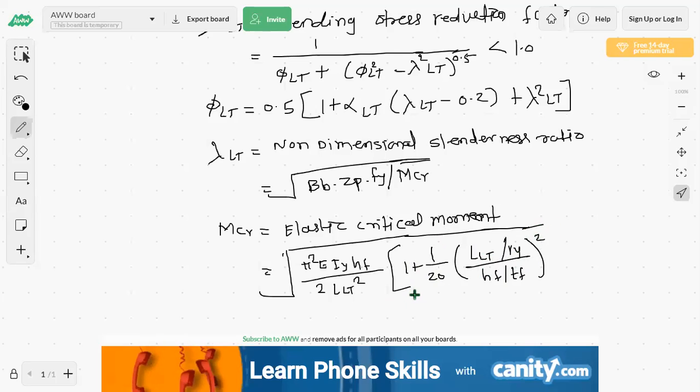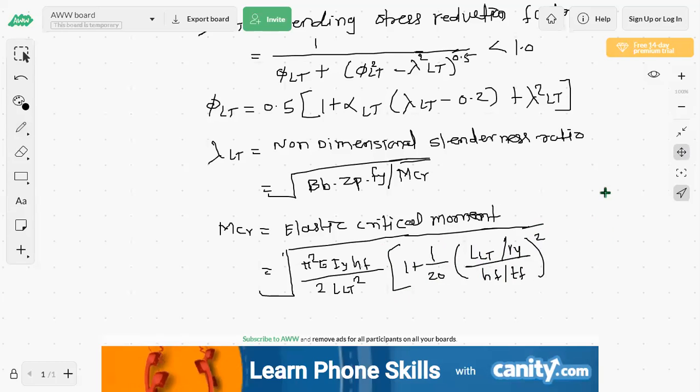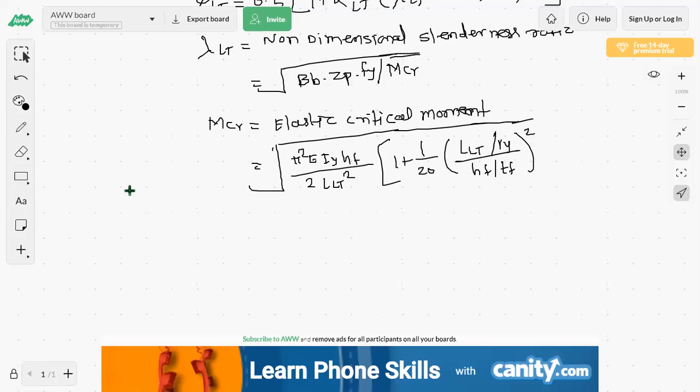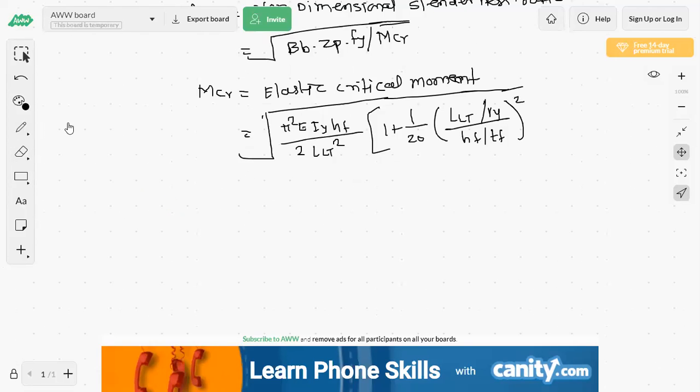So this is the MCR, elastic critical moment, that we have to calculate. Now again unknowns are there. Write down again, where capital E, what is capital E?